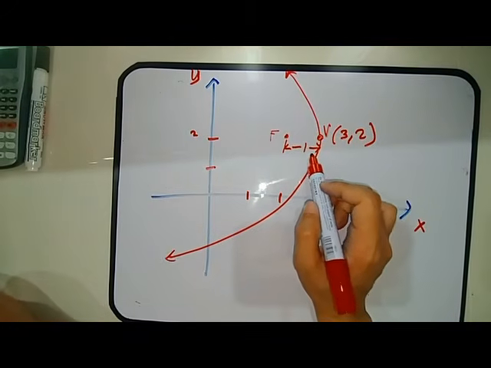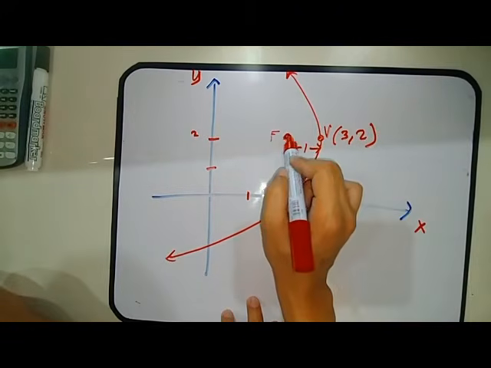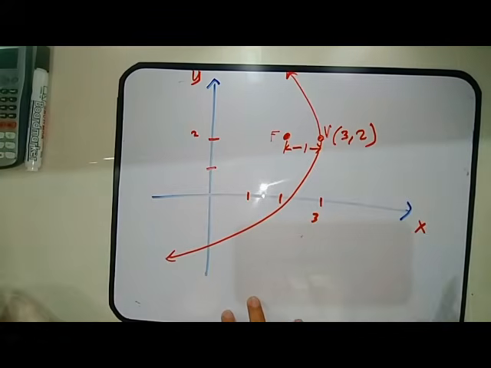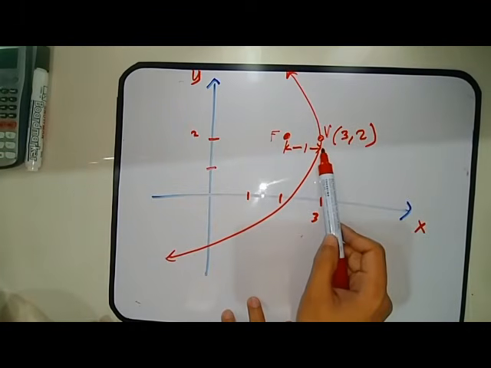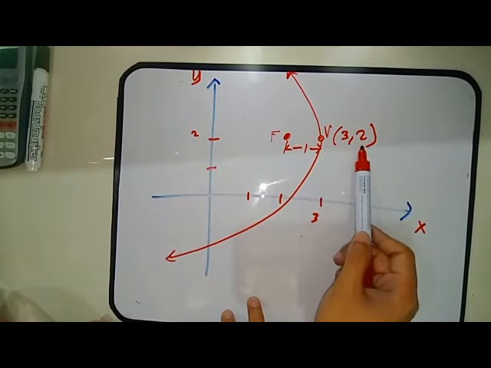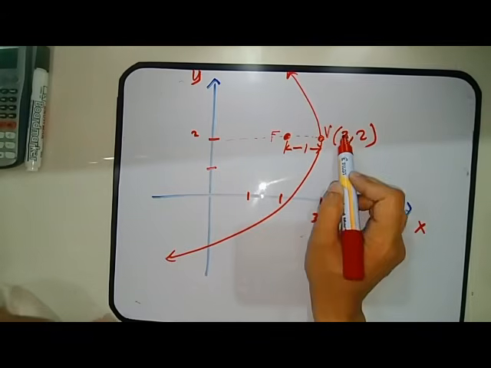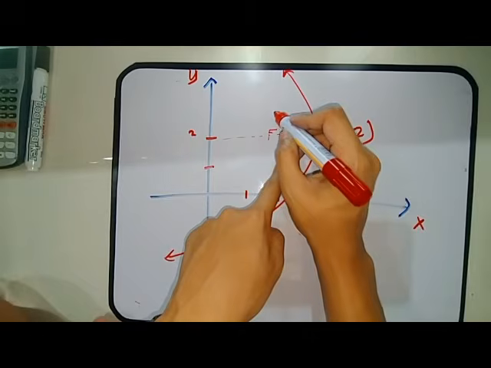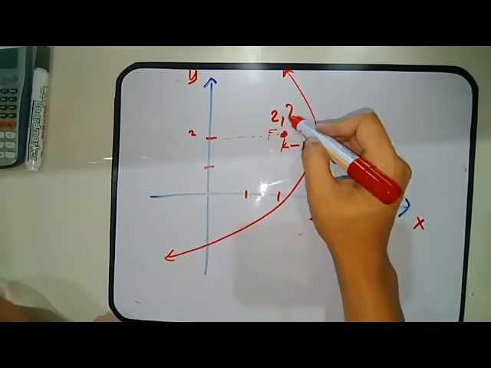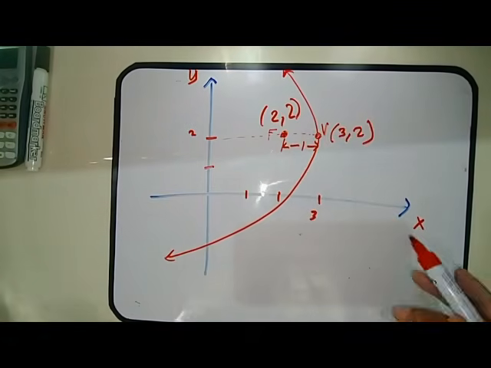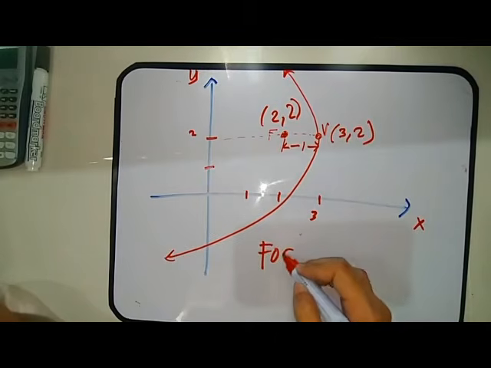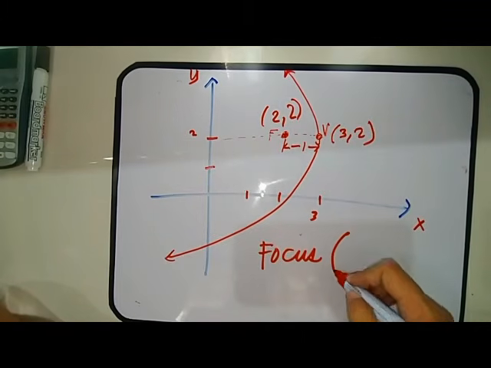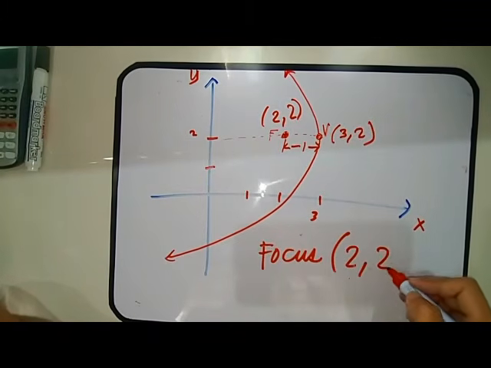So, it means that if a is 1 here, pwede natin makuha yung coordinates nito, which is the focus. So, mag-a-adjust lang tayo ng 1 unit ng x here na 3. Kukunin natin ng 1 yung 3. We have 3 minus 1, that is 2. So, this is our answer. So, our focus is at, we have 2 and 2.